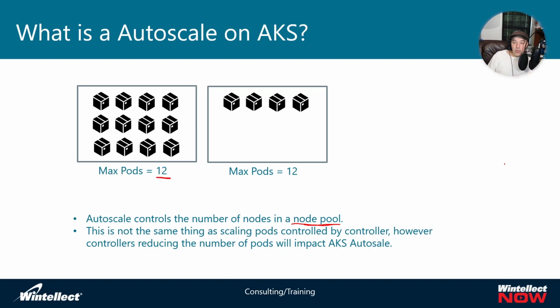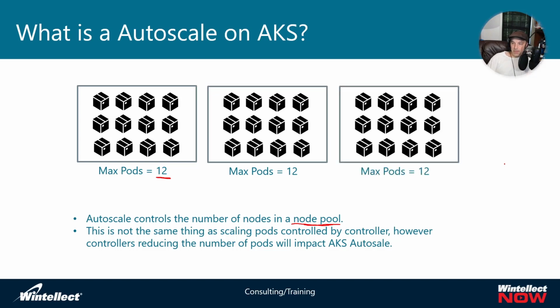Now, you don't have to auto scale on Kubernetes. You can manually scale if you so choose, by manually adjusting them or scripting that out. But the auto scale feature is basically polling the nodes, say every 10 seconds, and it will say over a 10-minute period, if I need 10 more pods to run on this, then I'm going to start adding more capacity, and it will continue to add capacity until it reaches the maximum, or it's able to satisfy the desired number of pods within that given node pool.